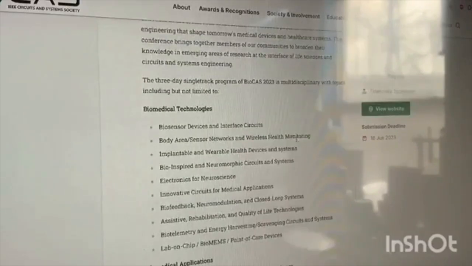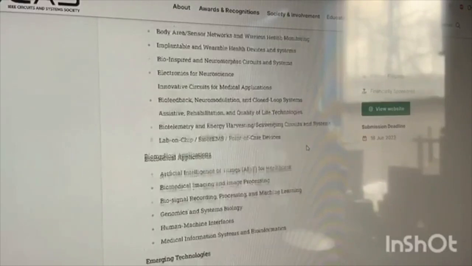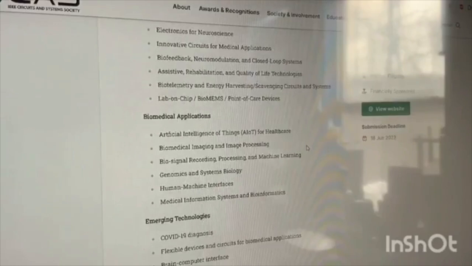Biosensor devices and interface circuits, body area sensor networks and wireless health monitoring, implantable and wearable health devices and systems, bio-inspired and neuromorphic circuits and systems, electronics for neuroscience, innovative circuits for medical applications, biotelemetry and energy harvesting scavenging circuits and systems, biofeedback neuromodulation and closed loop systems, assistive rehabilitation and quality of life technologies, lab on a chip, biomems, point of care devices.